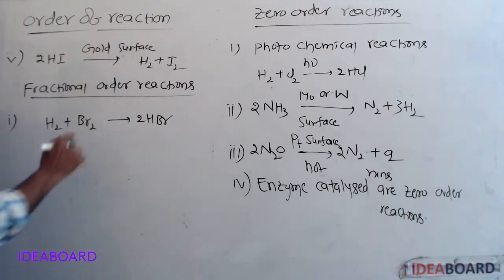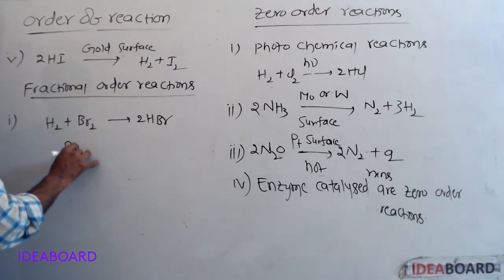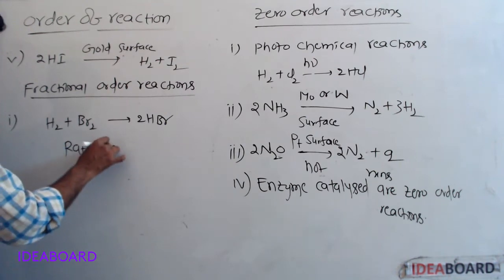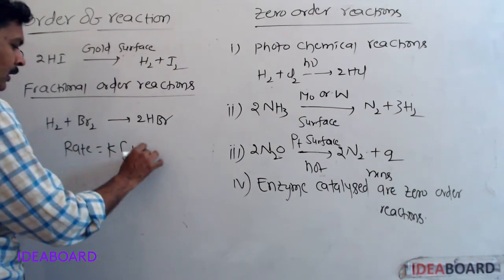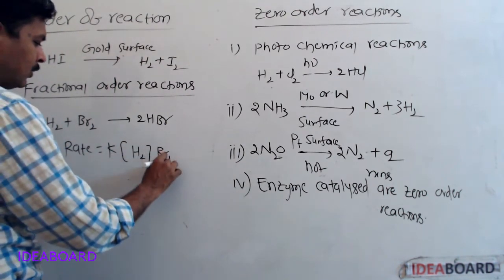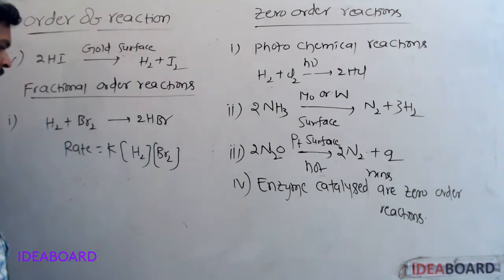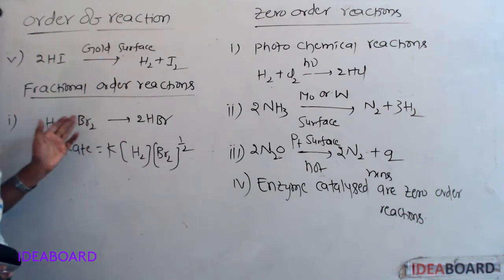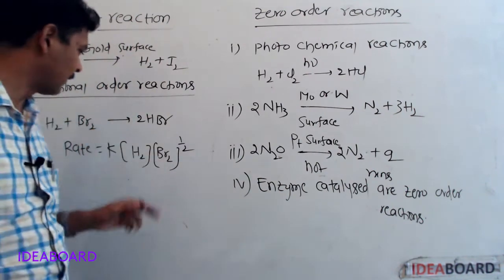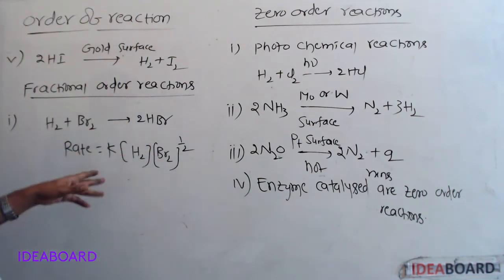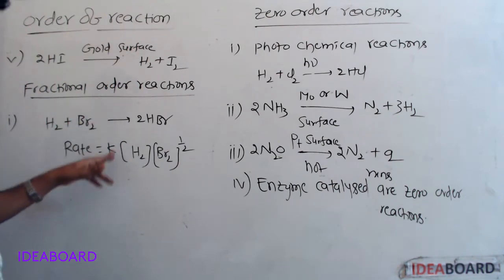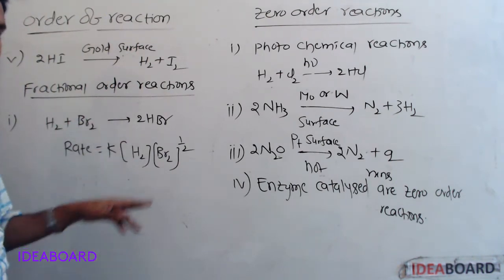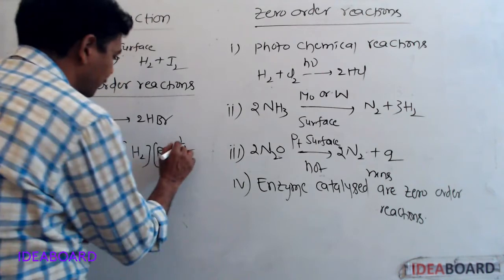For this reaction, the rate equation is rate is equal to K into H2 concentration into Br2 concentration power 1 by 2.